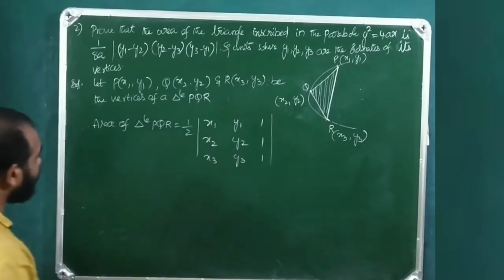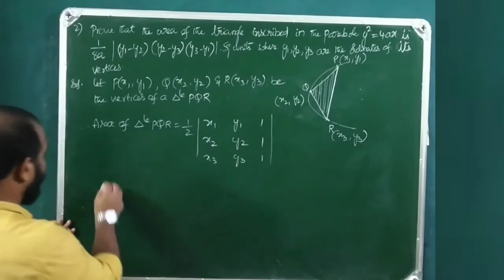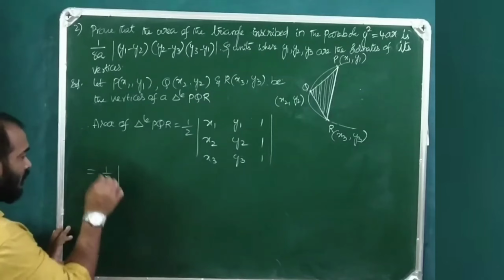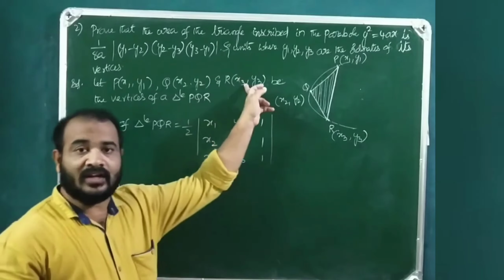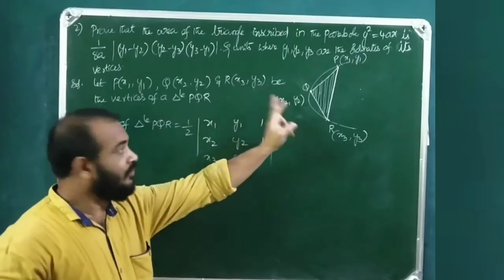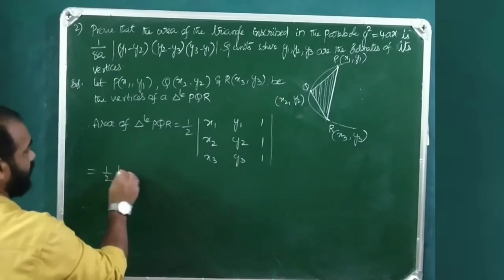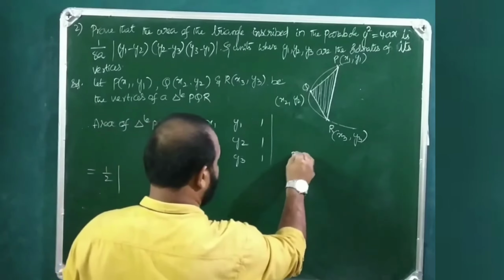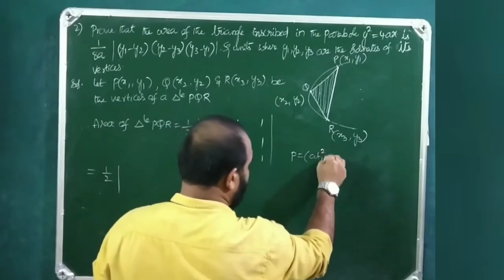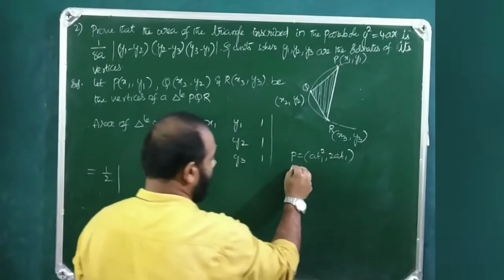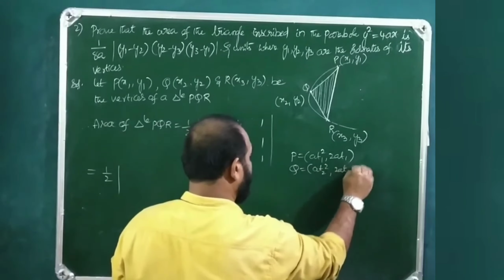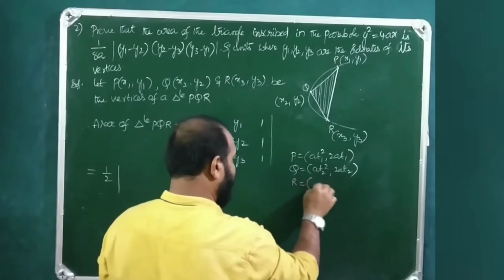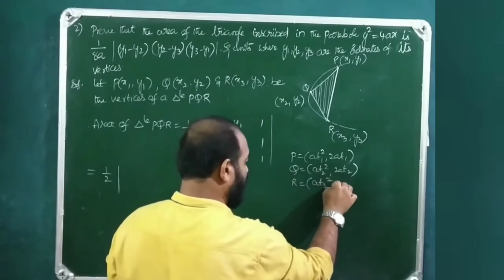Now x1, y1, x2, y2, x3, y3 are the Cartesian points, whereas P is at1 square comma 2at1, Q is at2 square comma 2at2, R is at3 square comma 2at3.